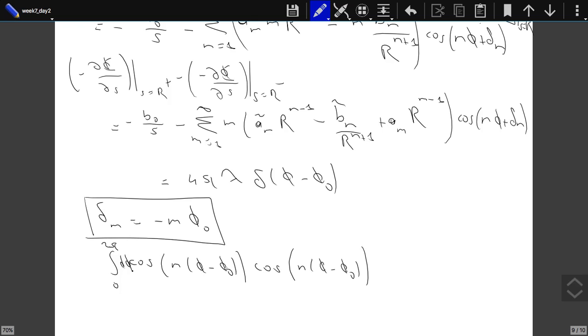In fact, 0 to pi should be enough. So what is this value? Yes, pi over 2 Kronecker delta mn.